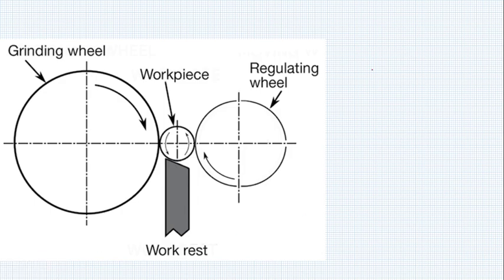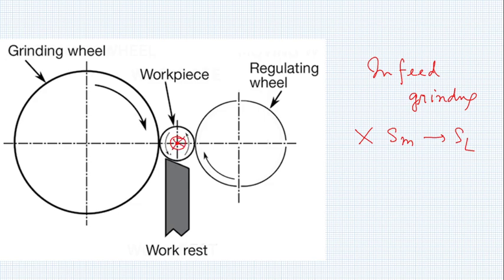So this is in-feed grinding. There is no SM or SL, there is no longitudinal feed. If longitudinal feed has to occur, this workpiece either has to move towards you or move away from you.